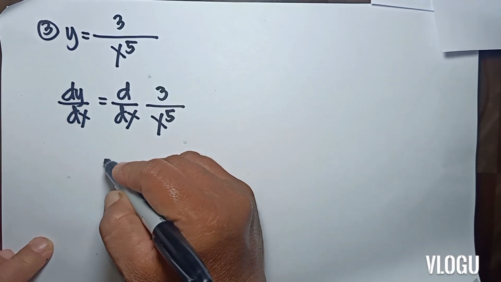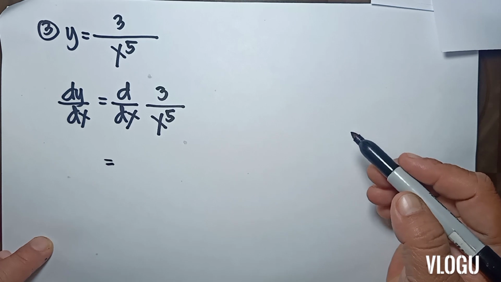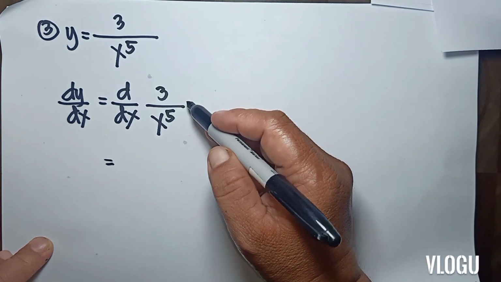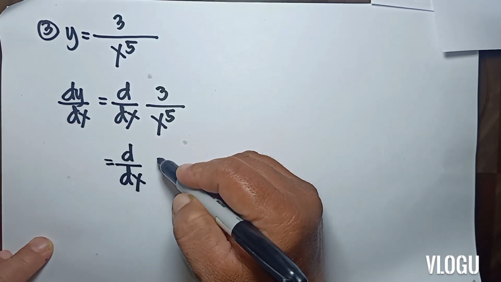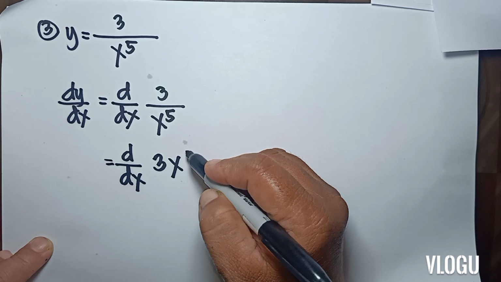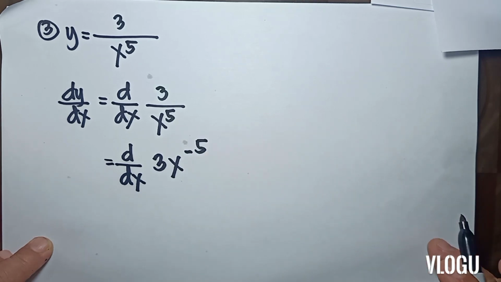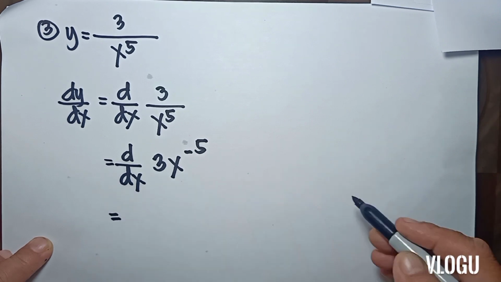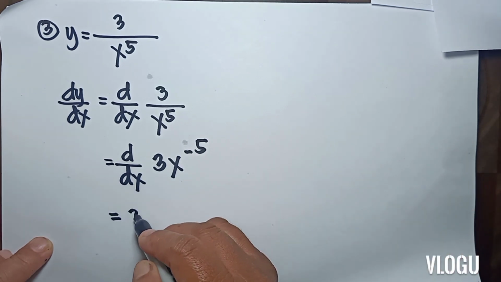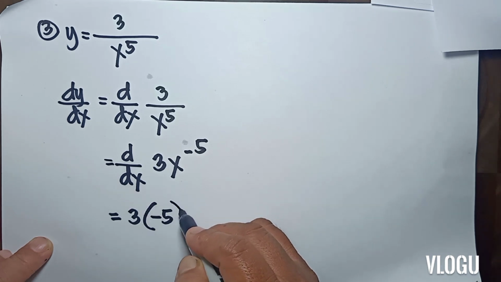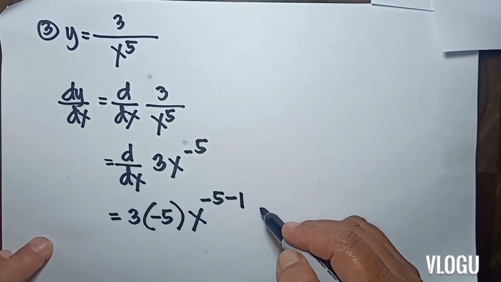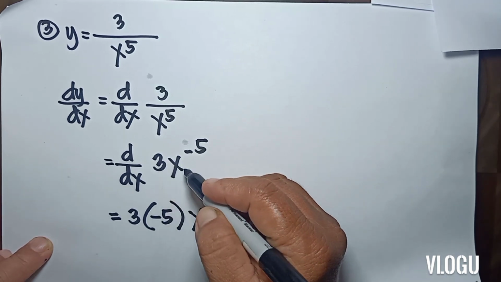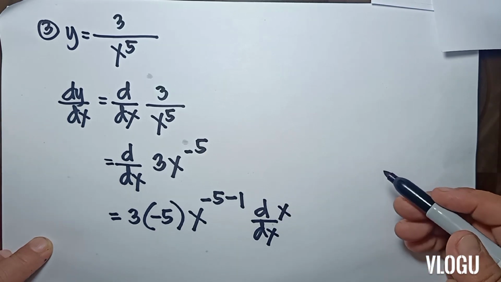But if you bring x to the 5th up, it becomes d/dx of 3x to the negative 5, so you have an exponent of negative 5. The derivative of that is 3 times negative 5 x to the negative 5 minus 1, d/dx of x without exponent.